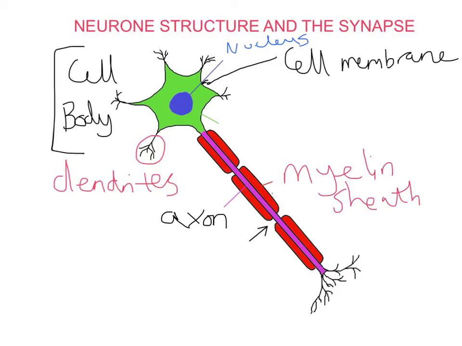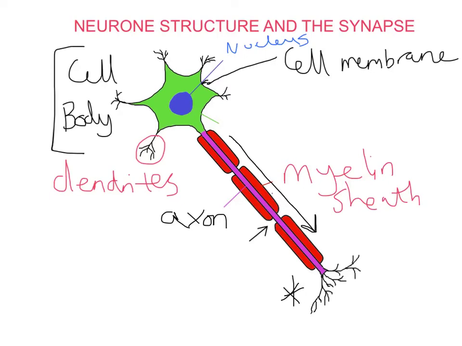Now, if you follow the axon down, so if we go this way, because when we actually generate a nerve impulse, it generates in the cell body and it gets transmitted all the way down the axon, and then it ends here where I've just drawn this star. And you can see it's ending in sort of branches or terminals.